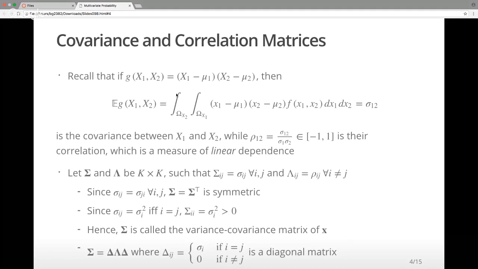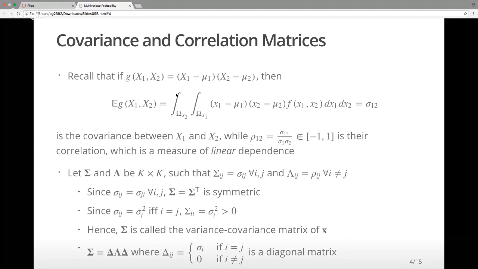So if we have a variance covariance matrix sigma that's k by k, we can define a k by k correlation matrix lambda that contains in its off-diagonal elements the correlation between variable i and variable j. Down the diagonal of lambda, we just have 1, 1, 1, 1, 1, 1. But in the off-diagonal elements, we have a bunch of correlations.